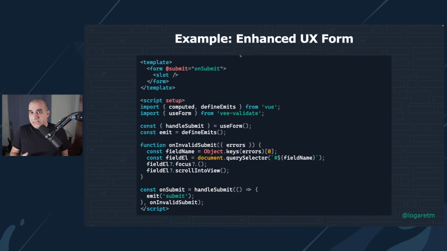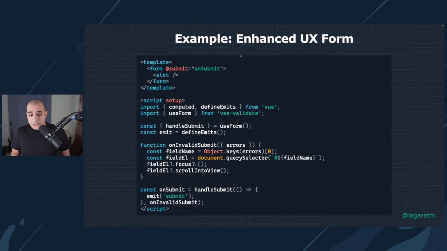This really makes for a nice experience, especially if you are dealing with a really long form where the user can't see some of the inputs. Some inputs may be outside the viewport, and you want them to see it so they can correct it. Otherwise, they would be confused. They will be clicking the submit button and it's not submitting, and they have no idea why. Well, now you can tell them in a much better way.